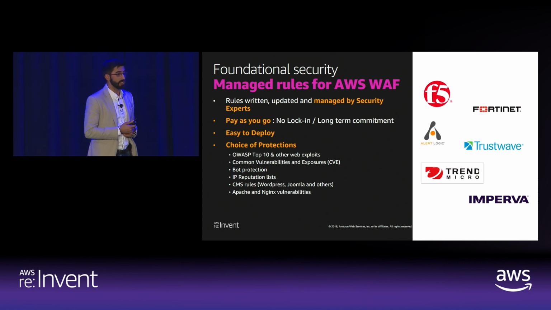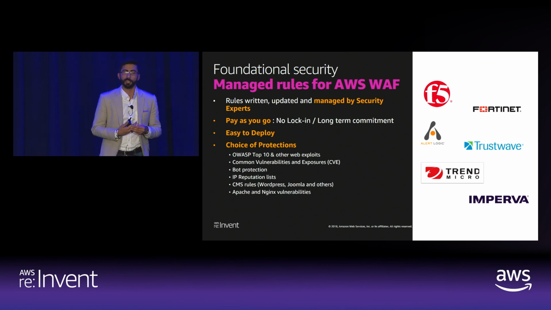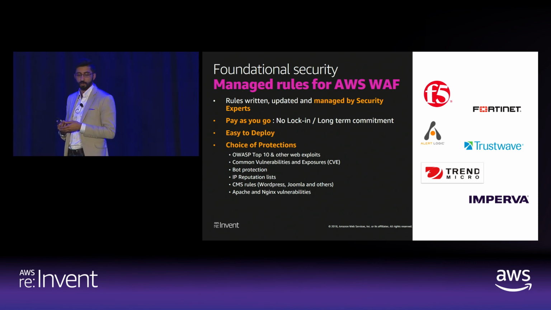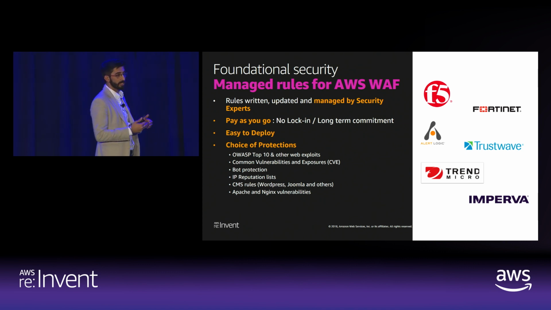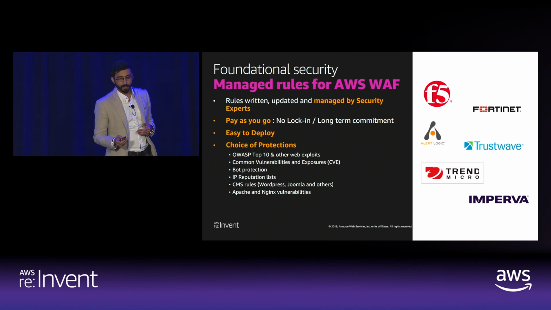They're completely pay-as-you-go, so you do not have to worry about a lock-in or a long-term commitment to them. And you can easily subscribe to any of these rule groups through the AWS Marketplace and put them directly into your web access control list. And we constantly work with all of our partners to keep increasing the breadth of securities that are available based on your feedback to us.